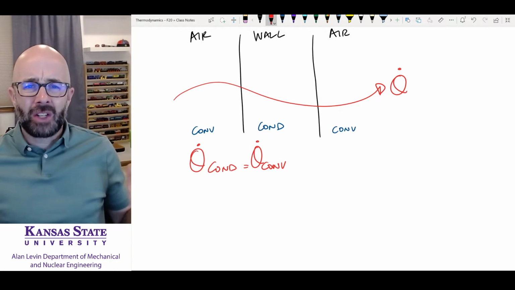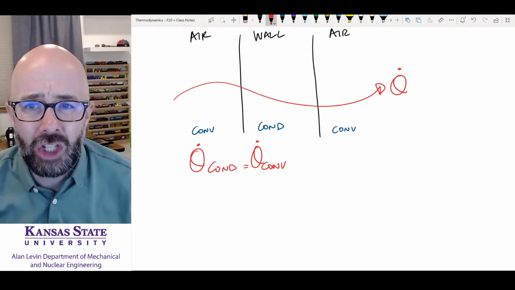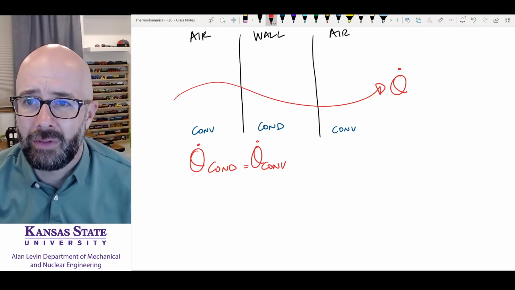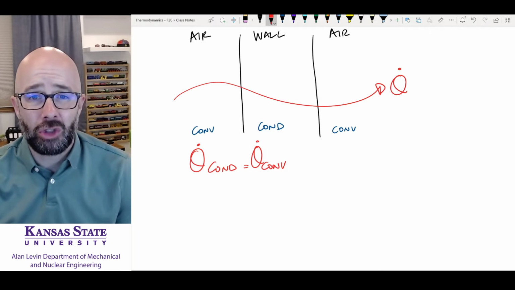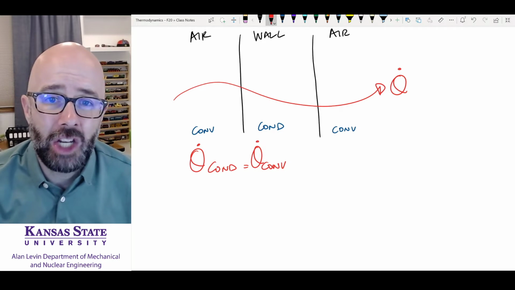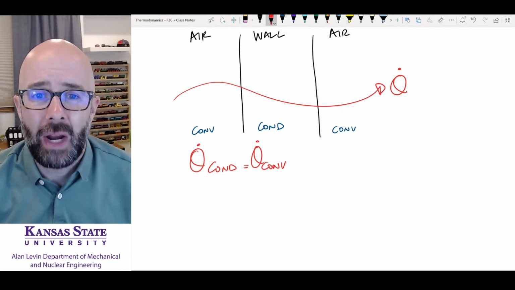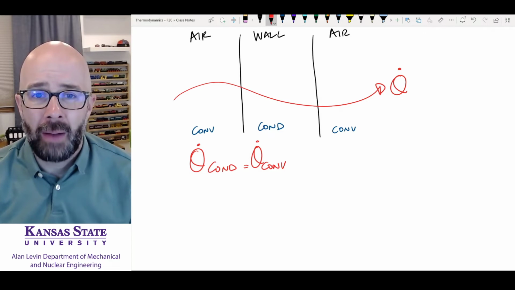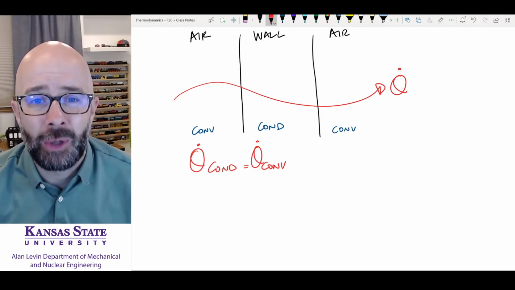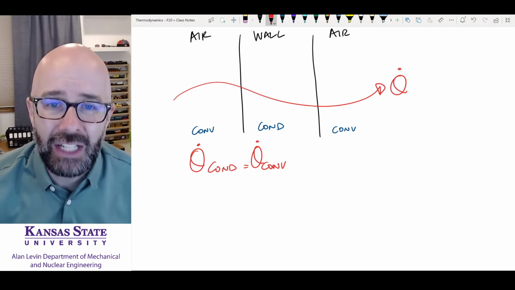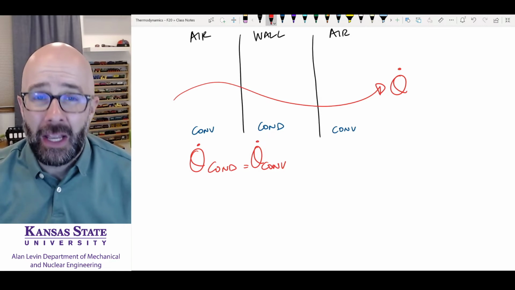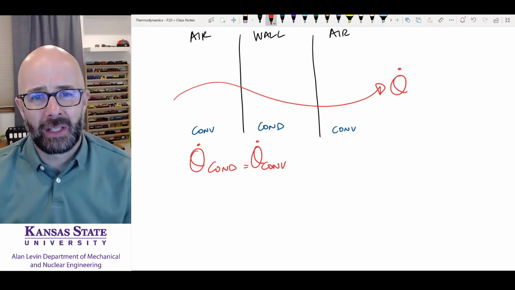Now you might be asking, Dr. Wanklund, what about radiation? Shouldn't there be radiation happening between the wall and the surroundings? And the answer is yes. There may be radiation that happens as well, but often radiation in the problems that we're going to deal with is going to be a very small number. And so we are going to neglect radiation. You might ask, how do I know that I'm going to neglect radiation?